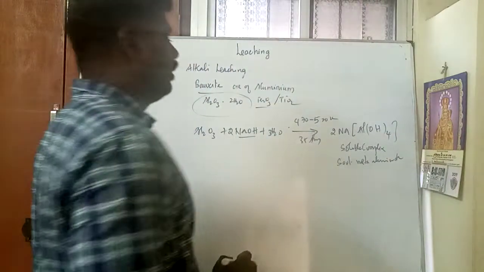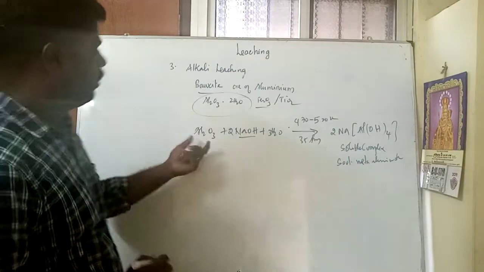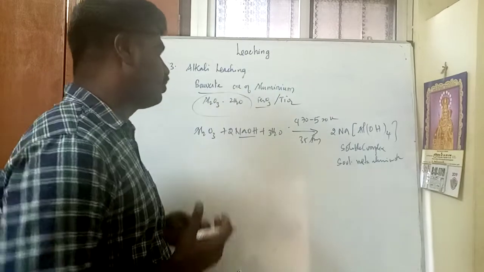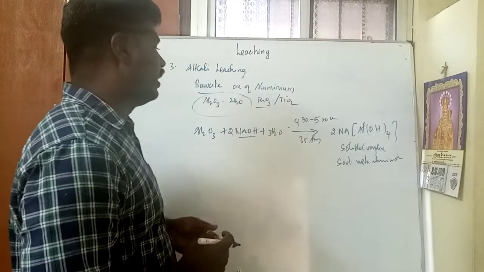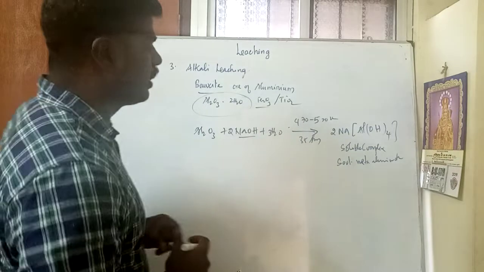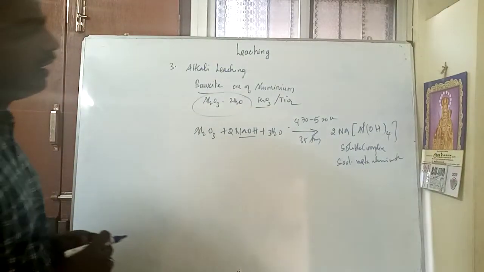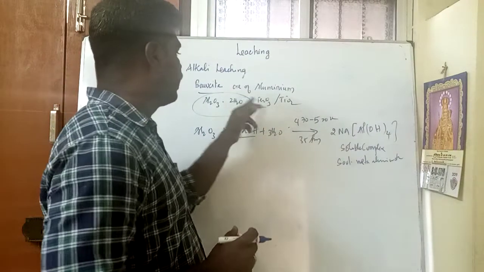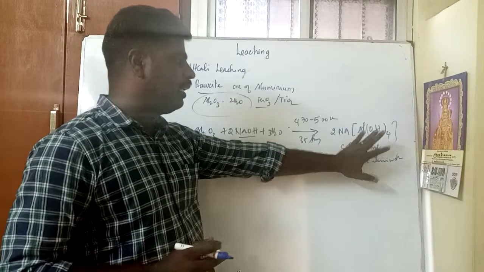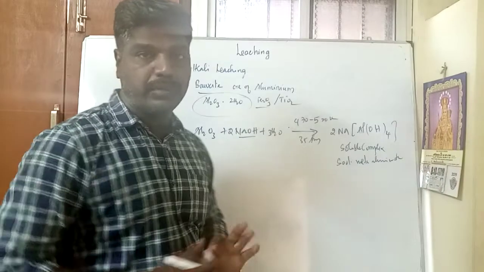While mixing bauxite with sodium carbonate or sodium hydroxide, we get a soluble complex of sodium meta-aluminate. Impurities like iron oxide and titanium dioxide are insoluble and easily removed.